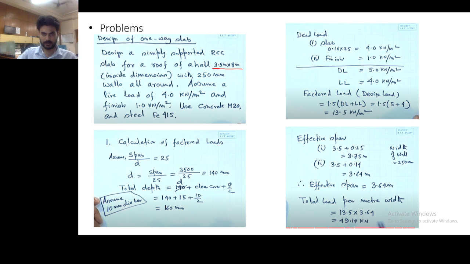Okay. Before that, we will assume our span by D to be, let's say, 25 to calculate the depth of slab. So we know the span, the shorter one we will consider because it is a one-way slab. It is obvious because 8 by 3.5 is greater than 2.